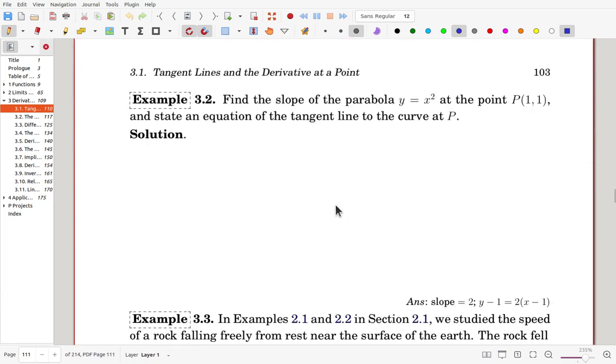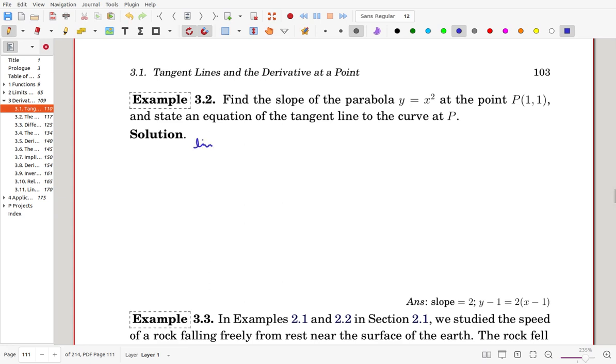Okay, in this example, let's try to find the slope of the parabola y equals x squared at the point (1, 1), and state an equation of the tangent line to the curve at P. Okay, now we'll follow the definition.